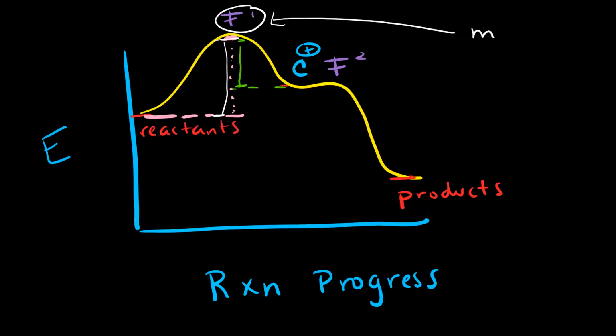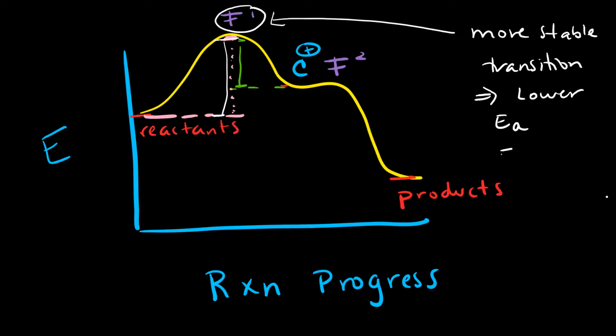And a more stable transition state leads to a lower activation energy barrier, which leads to a faster reaction. So it'd be nice to know what that transition state looked like, because any factor that would help to stabilize that transition state would lower the activation energy for that step and then speed up the reaction.